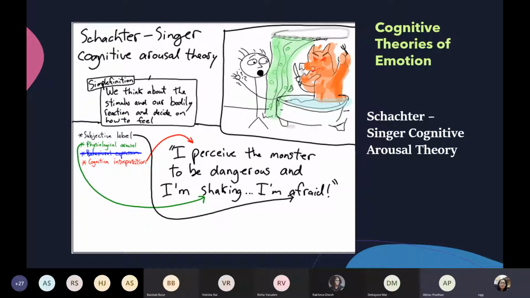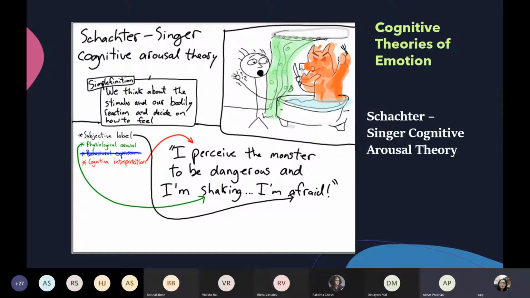But this thinking part is happening by looking at the bodily reaction and the situation. So the cognitive arousal theory of Schachter-Singer brings in the situation. It says that it's not so direct like James-Lange, that I am shaking, that must be I'm afraid. I am having an increased heartbeat, that must be I'm scared.